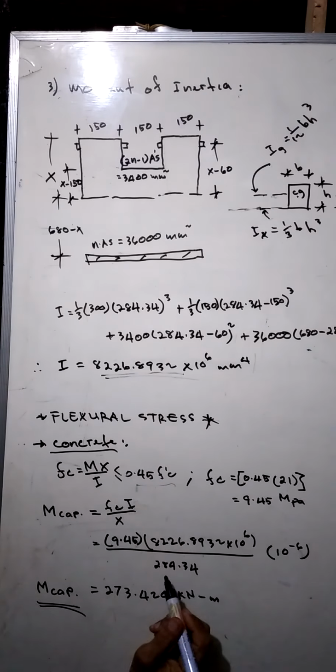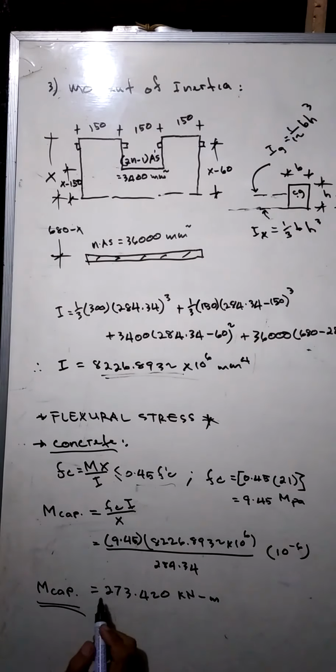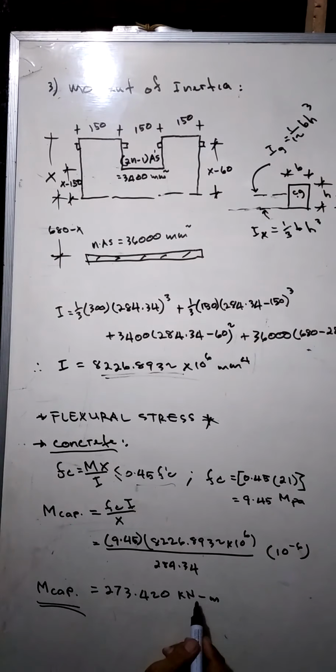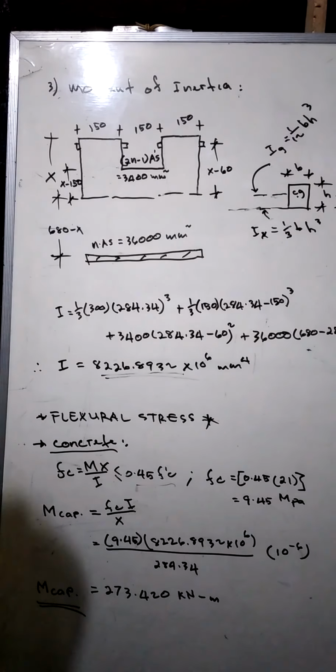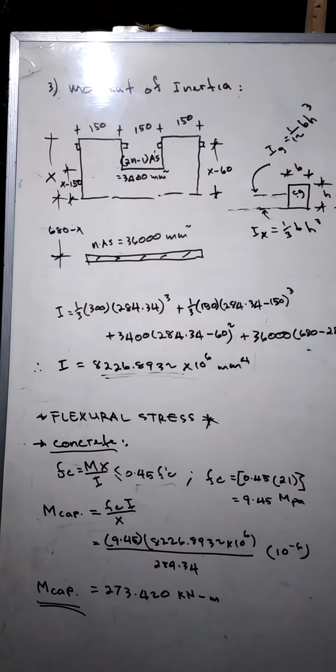So computing this, we have 273.420 kilonewton meter. This is now the capacity of the concrete section, for the concrete only.